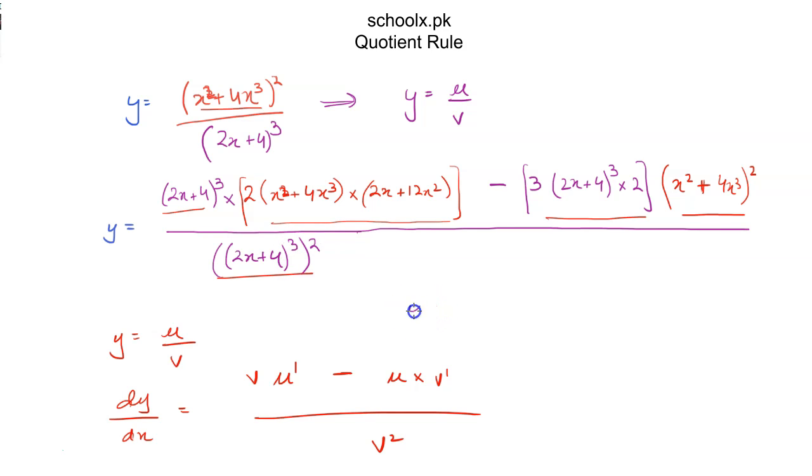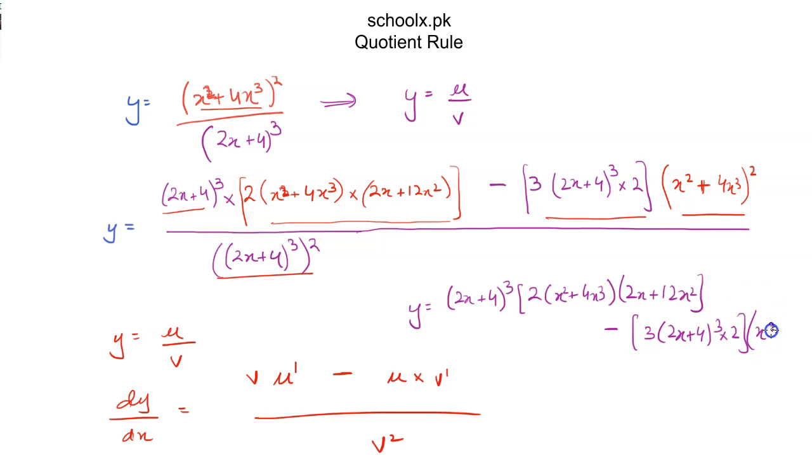So your final answer will be, I'm going to write it all over again, 2x plus 4 cube into 2 into x squared plus 4x cube, 2x plus 12x squared, minus this thing, which is 3 into 2x plus 4 whole cube into 2 into x squared plus 4x cube squared, this entire thing over 2x plus 4 power 6. This is d by dx, right?